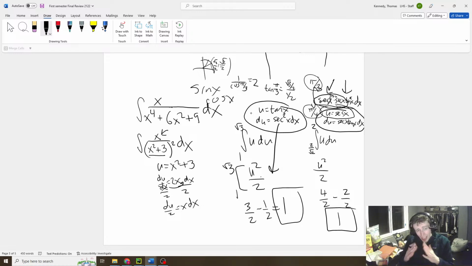But you'd have to do that anyways after you integrated and plugged back in tangent here. You'd still have to plug in pi over 3 and pi over 4 into the tangent function. So by converting the bounds at the beginning, we save ourselves work in our final step. It's a little bit of work ahead of time so that your work is cleaner and you're less prone to mistakes later in the question.